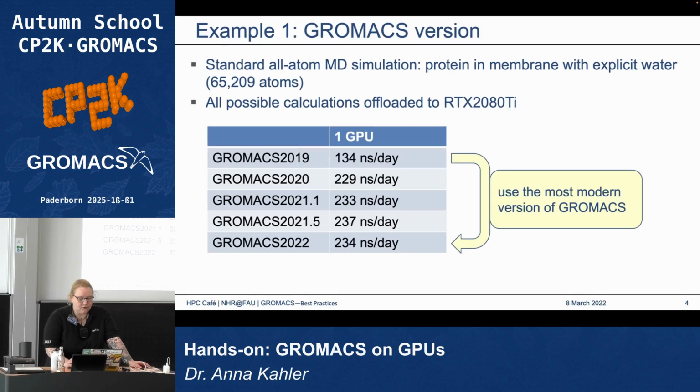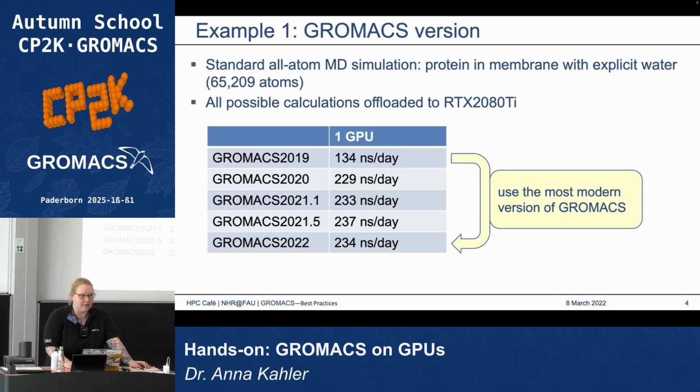And you can see that for the different GROMACS versions, the performance is very different. In this case, GROMACS 2022 is not that impressive, but it was the early version of that release, and the first release wasn't the tuned one.